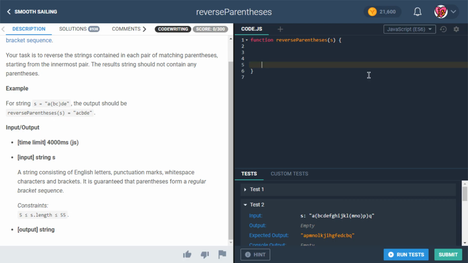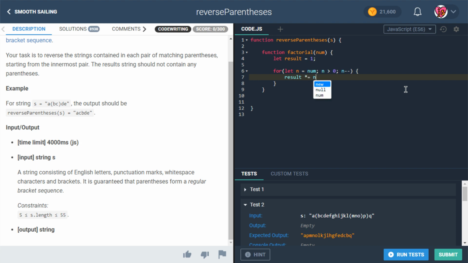So, I mean, we could do something like this. We could say function factorial, and it's just going to take n as a number. In fact, maybe I'll call that num, just to be totally clear about it. Okay, so factorial takes an input of num, and we want to let result be equal to 1 first of all, and then we'll say for let n equal to num, n is greater than 0, n minus minus, and we'll just say result times equals n.